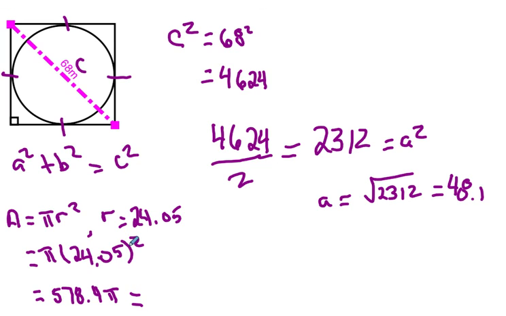So if I take 578.4 and multiply it by 3.14, I get 1816.2 meters squared. And it's meters squared because we're looking at area.